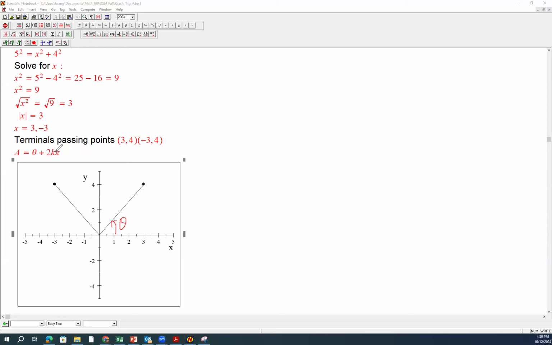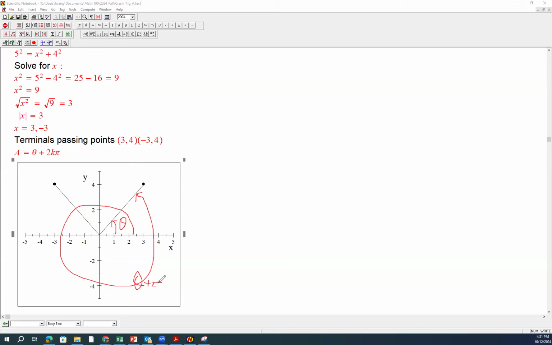For k equals 0, it's just theta. So theta is one of the solutions. k equals 1 is theta plus 2 pi, which is going to be here, and we'll go around. Let me write it down because it doesn't type so nicely. Theta plus 2 pi.